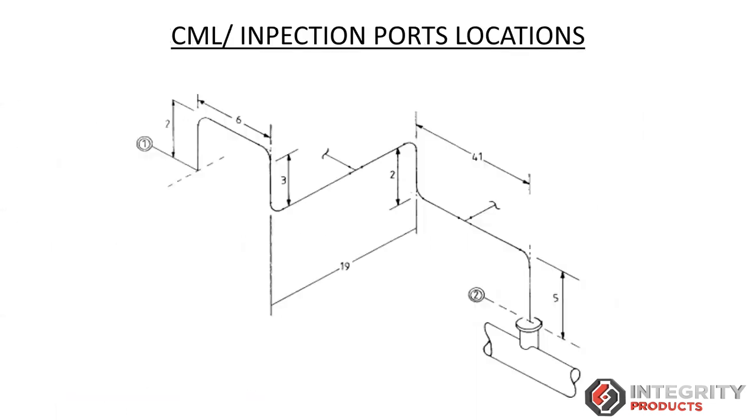When we talk about the criteria, or some rules, for the selection of CML points or inspection ports within the loop or the piping assemblies of complex piping bundles, we need to install CMLs or inspection ports.